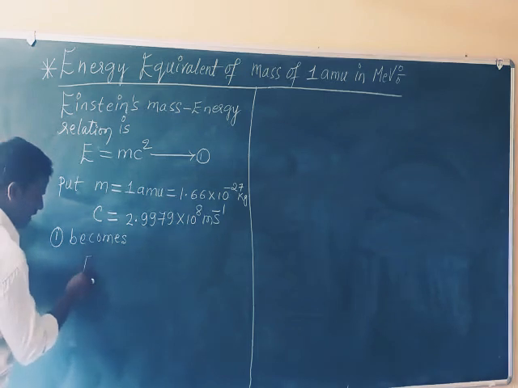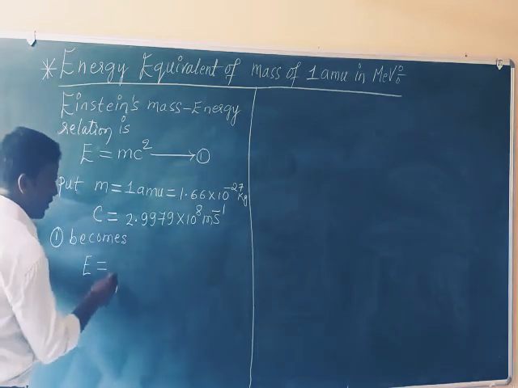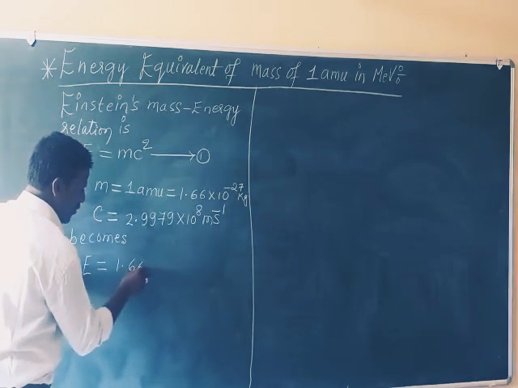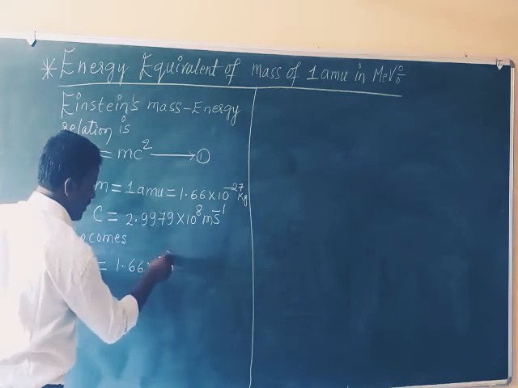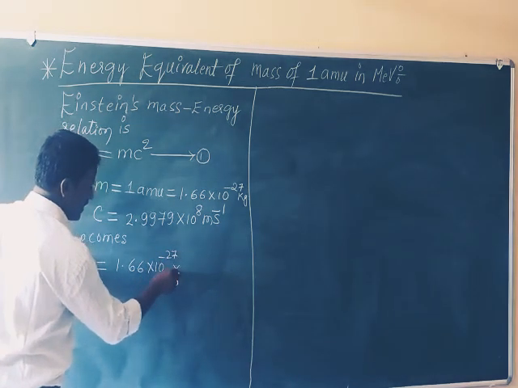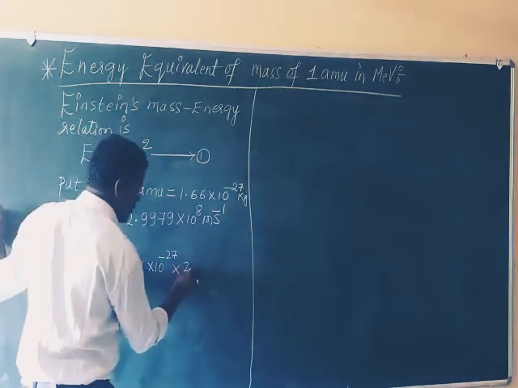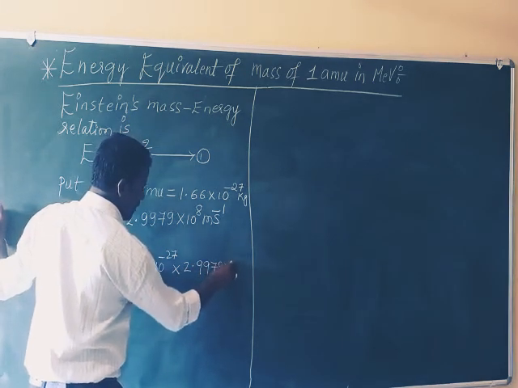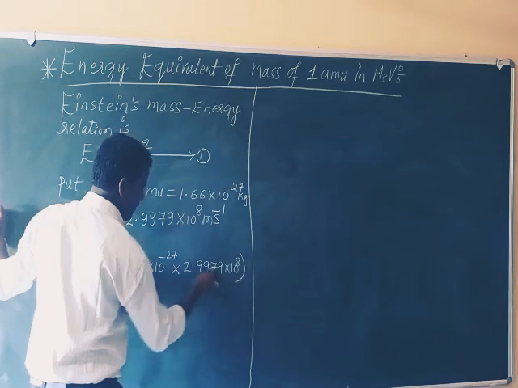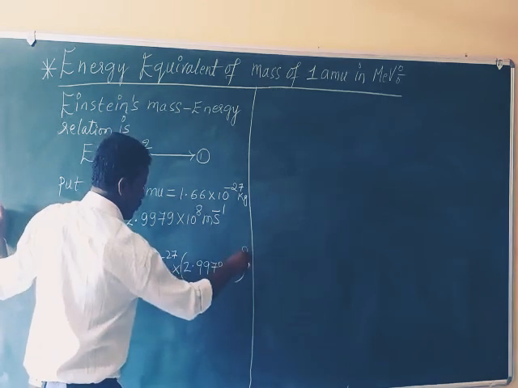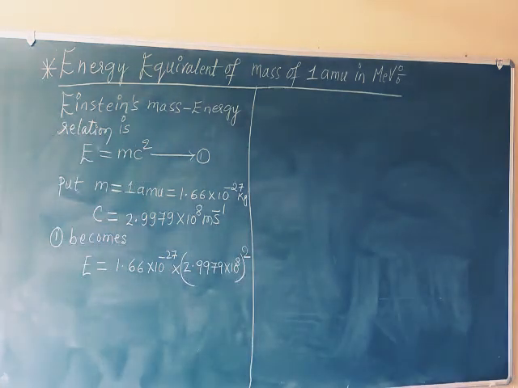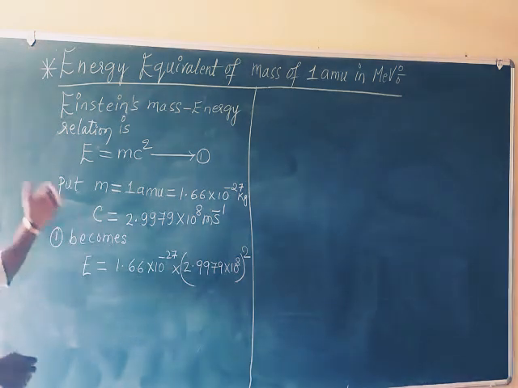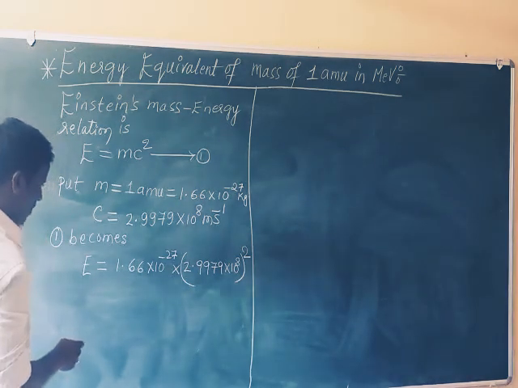Equation 1 becomes E equals to, here mass is 1 AMU, 1.66 into 10 to the power of minus 27 into C, which is 2.9979 into 10 to the power of 8, whole square.